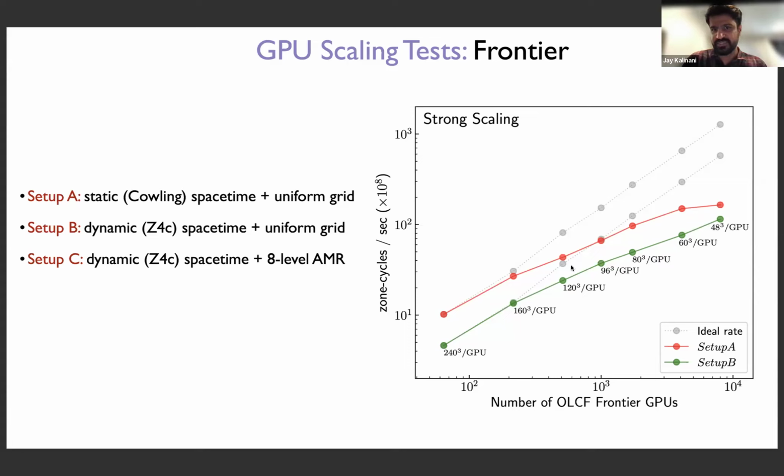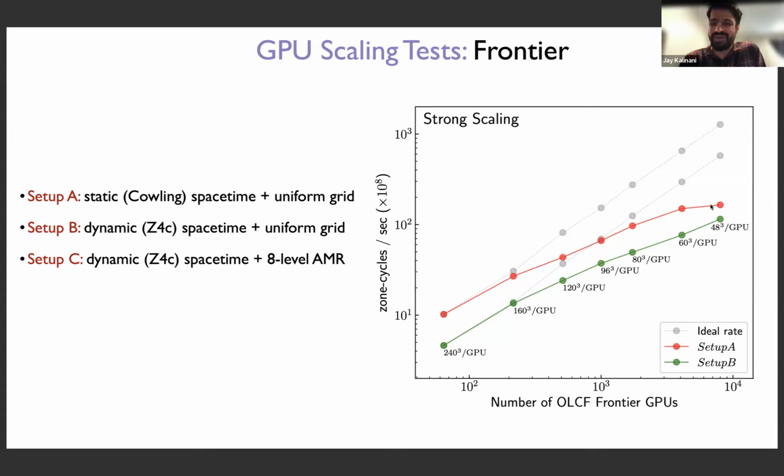Here on the right, I show strong scaling only for setups A and B. As you can see, as you go from, say, 64 GPUs to 8,000 GPUs, the scaling goes down to about 20% or so.